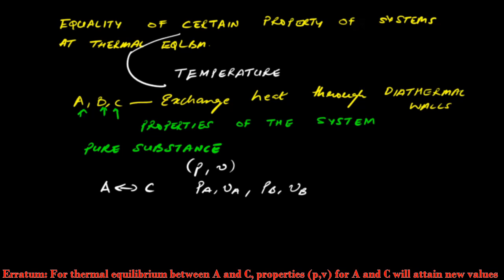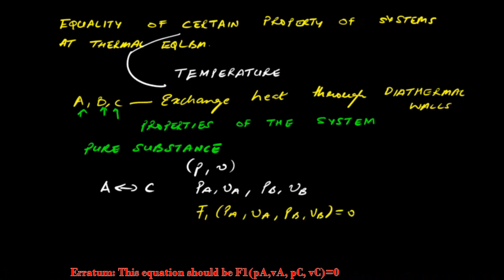upon thermal equilibrium, these values PA, VA, PC, VC would be related by some functional relationship, and this functional relationship, let's say, is given by some function f1(PA, VA, PC, VC) = 0. In other words, the pressures and volumes of both these systems are interrelated when you have thermal equilibrium.